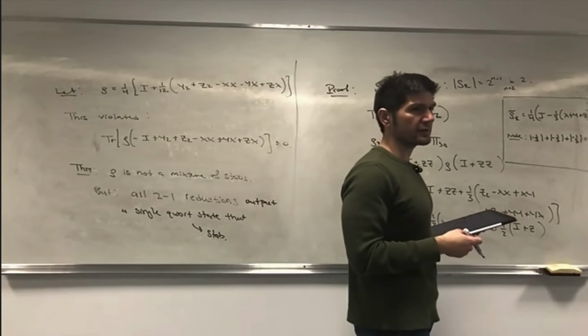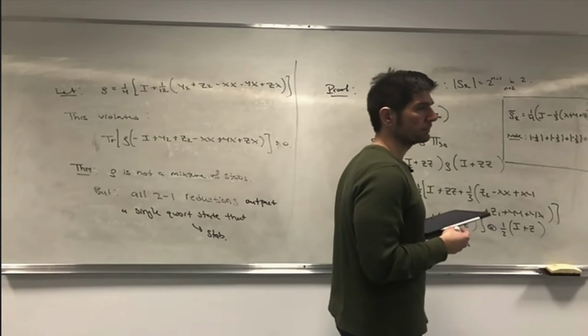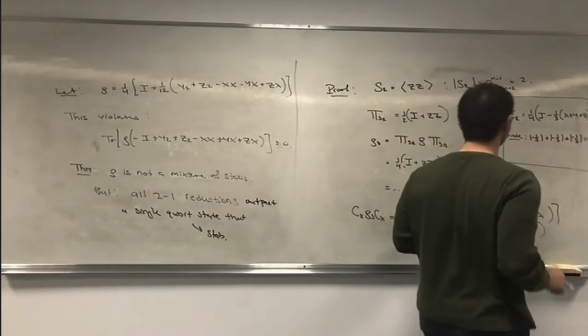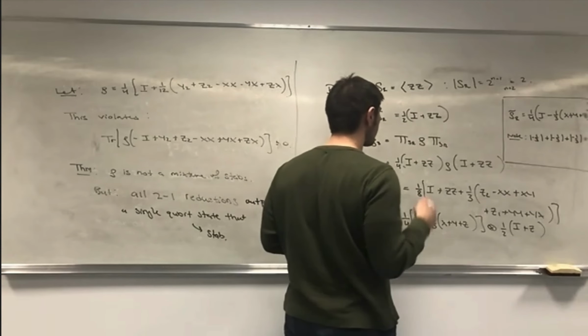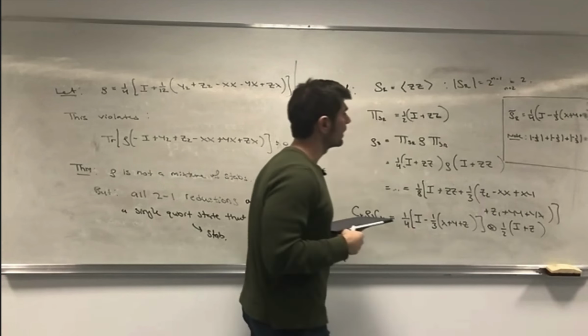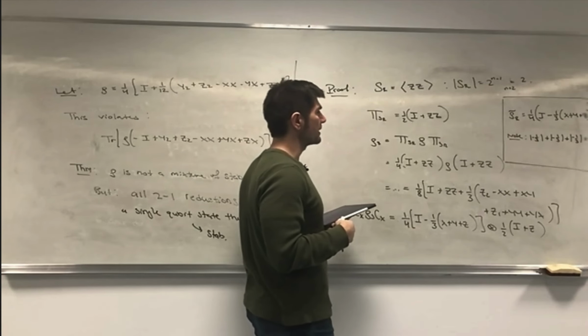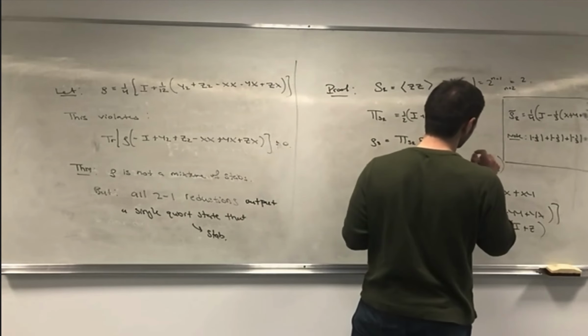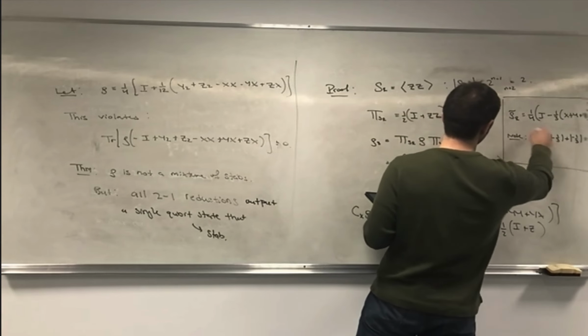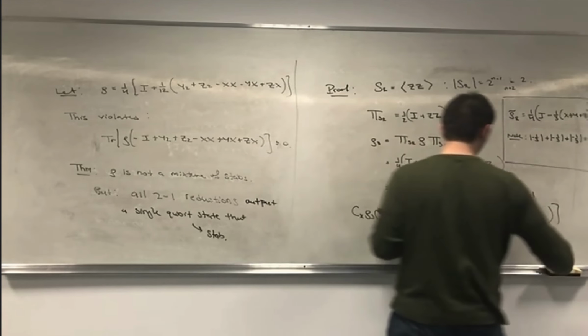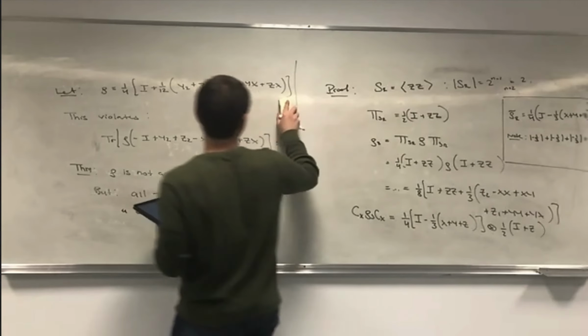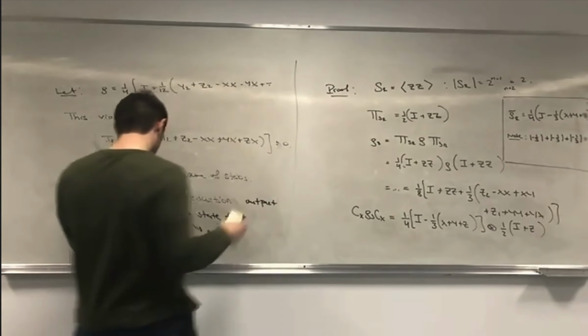So it's a convex mixture of stabilizers. Even though you started with a mixed state that was not a stabilizer mixed state, after this reduction you still get something that's in the convex hull of the stabilizers.